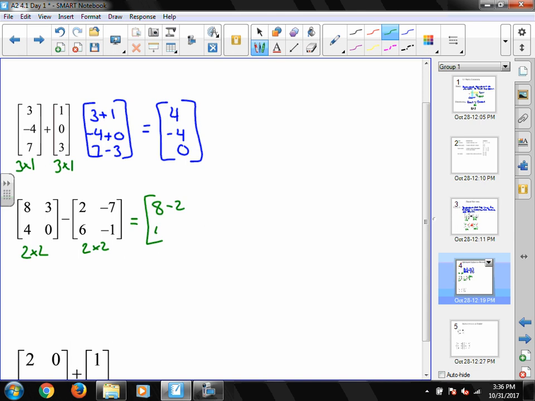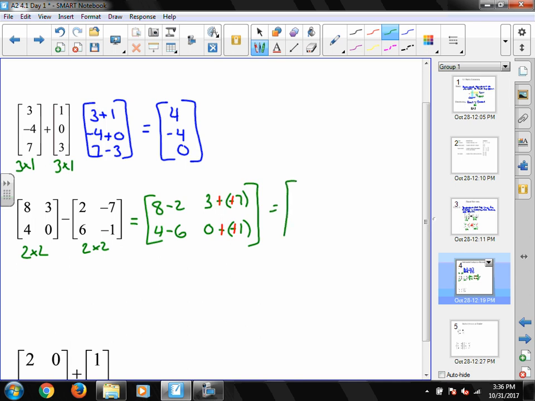I'm going to go 4 minus 6, 3 minus, and be careful here, we're subtracting a negative 7, and 0 minus a negative 1. Then remember, when we're subtracting negatives, we're adding positives here.